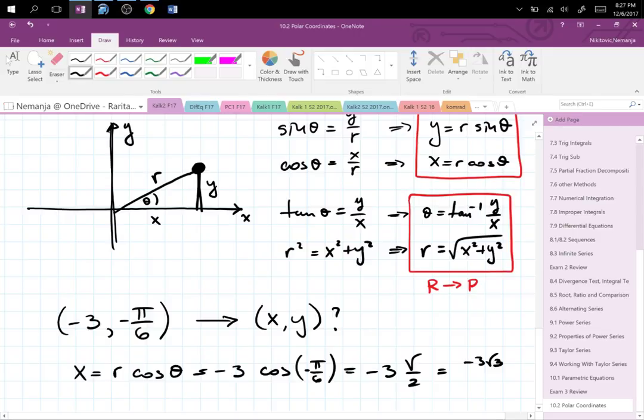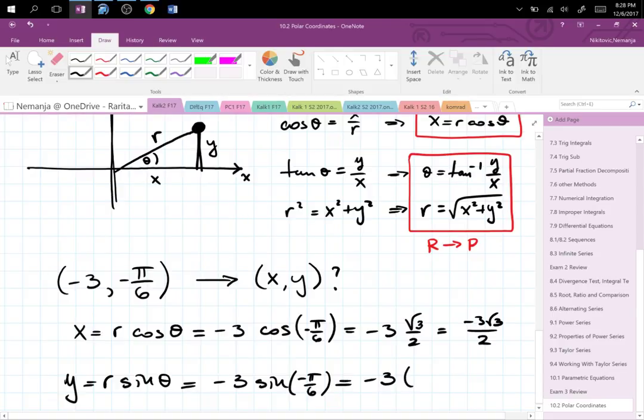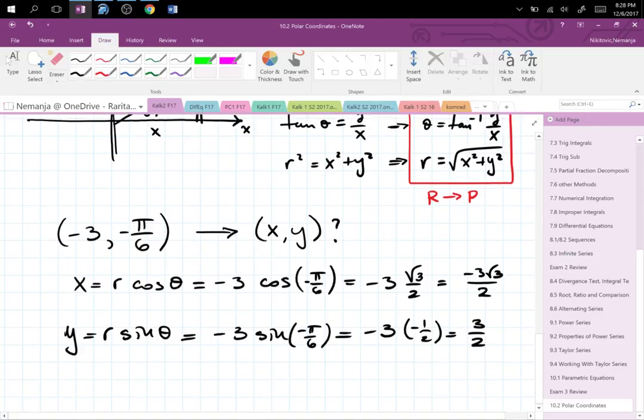R cosine theta equals -3 root 3 over 2. And then y is r sine theta, which is -3 sine of negative pi over 6, which is -3 times -1/2, which is 3/2.